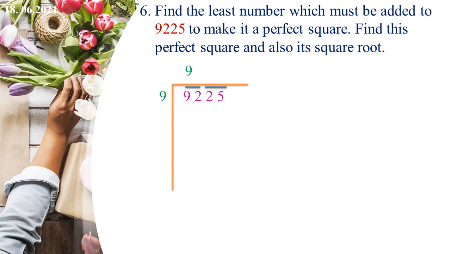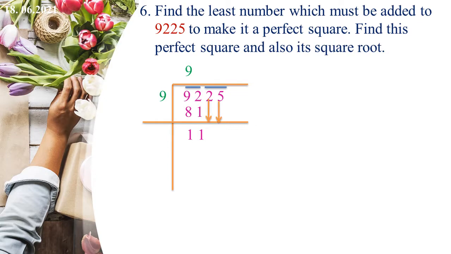Here, 9 square is less than the first period 92. So, take this number as the divisor and the quotient. Then multiply 9 and 9. We will get 81. Then subtract 81 from the first period 92. We will get 11 as the remainder.